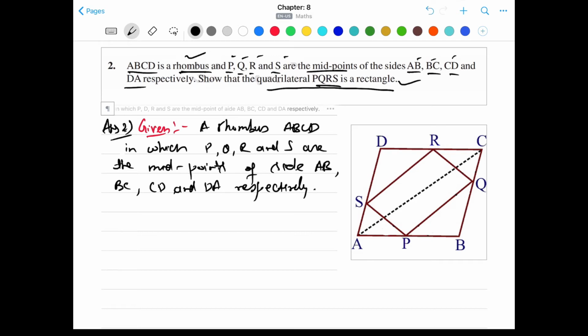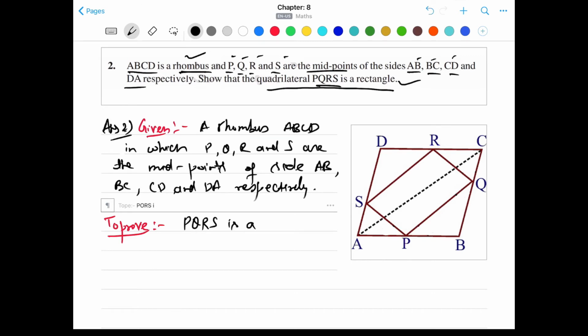That's what is given in the question. We have to prove that PQRS is a rectangle.